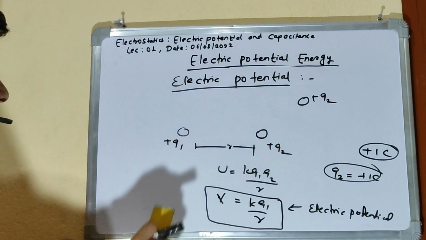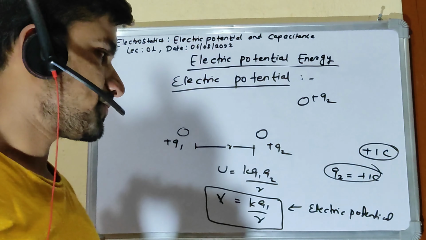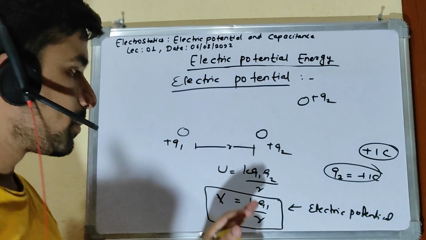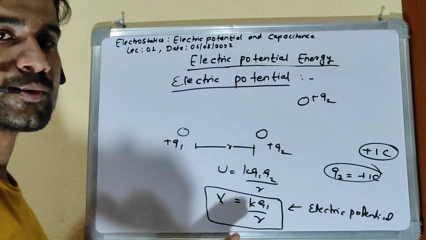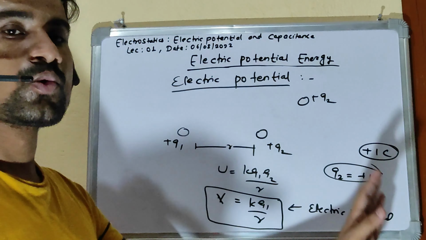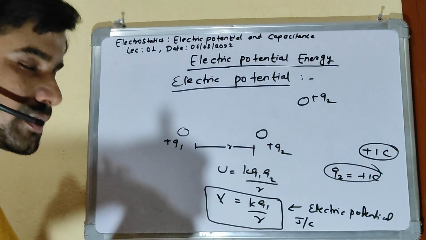What is the unit for electric potential? It is volt per coulomb. I'm sorry, this is joule per coulomb, not volt per coulomb. We will not talk about volt and all that, but this is joule per coulomb, right?